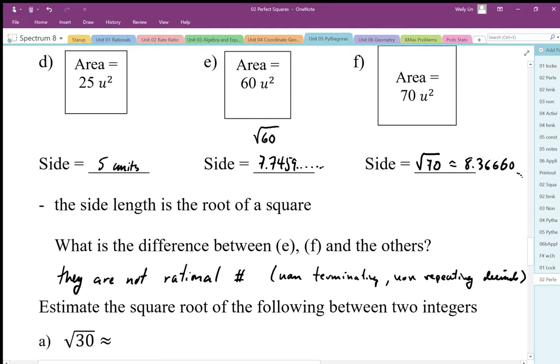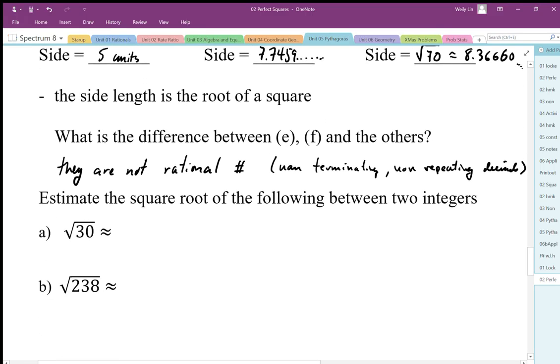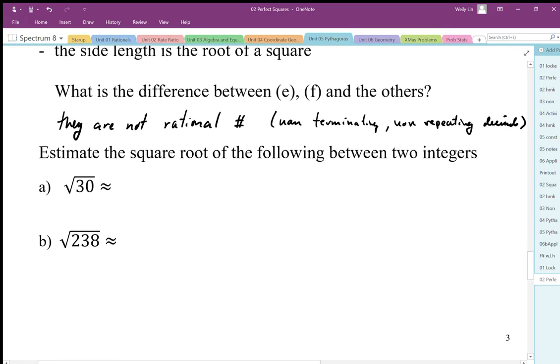So we need to be able to recognize that some of these numbers are not going to be exact values. And when we don't have calculators, we need to at least be able to estimate. So when I talk about a square of 30 squares, and I want to square root it or find the edge length of a square with 30 squares, I need to know that this square is bigger than a 25 square.